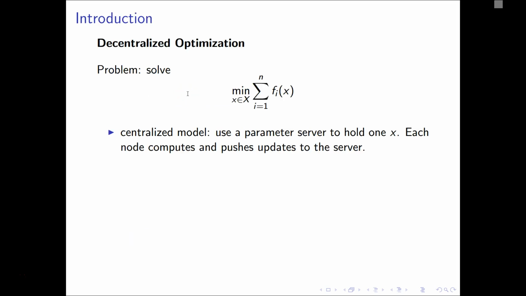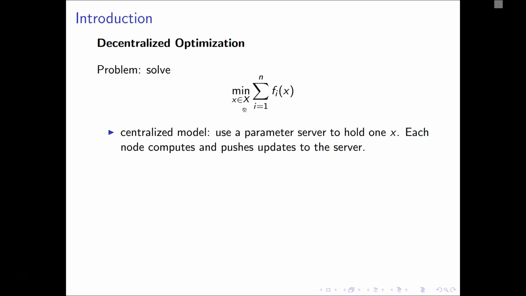So what is decentralized optimization? In many machine learning applications, we want to solve this minimization problem where f_i is usually some kind of loss, for example, least squares. Since we have a lot of data, we sum it into some form and minimize over x in some feasible set X to minimize our loss.